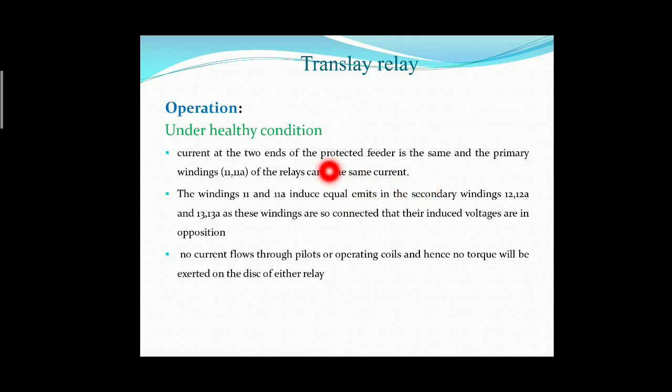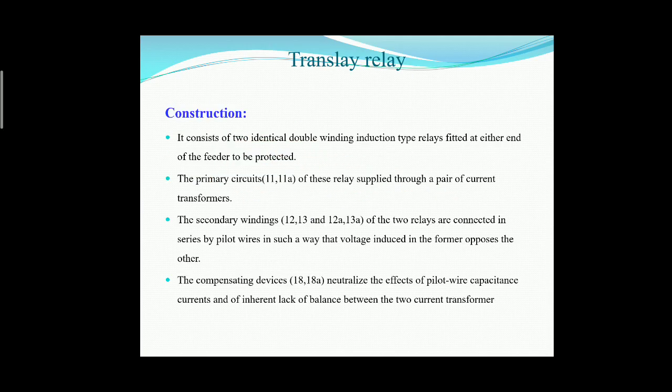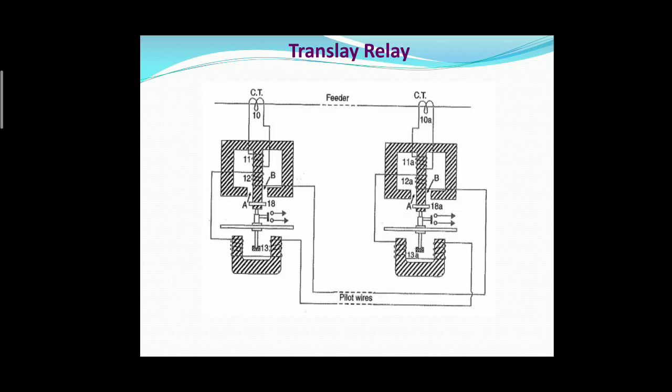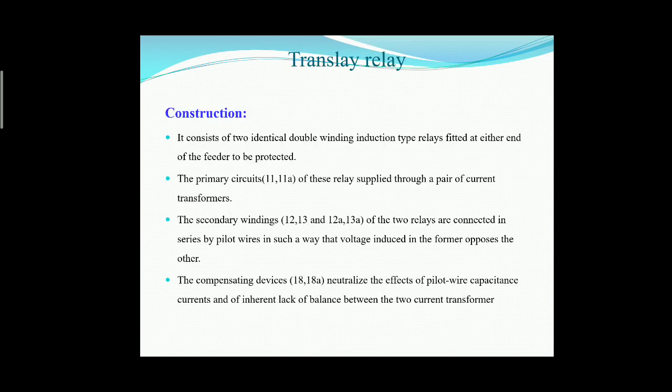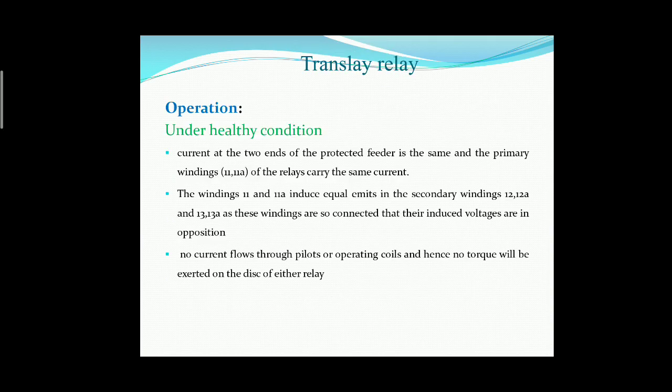In that case, 11 and 11A carry the same current, so the difference between these two currents will be equal to 0. That means no current will be flowing to the relay coil and zero torque will be produced.